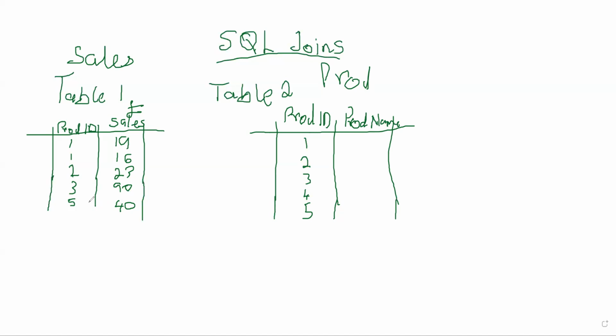Because in the product table no ID is repeated. It is not a primary key in the sales table. Product ID is the primary key on the product table, and on the sales table it is a foreign key. Okay.